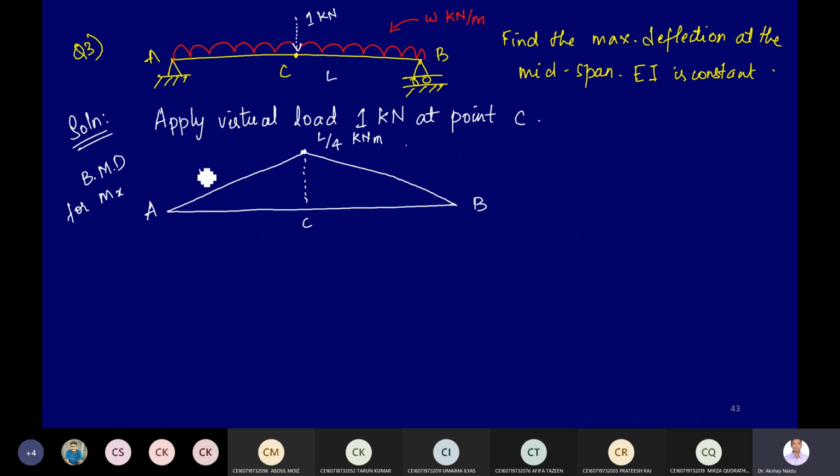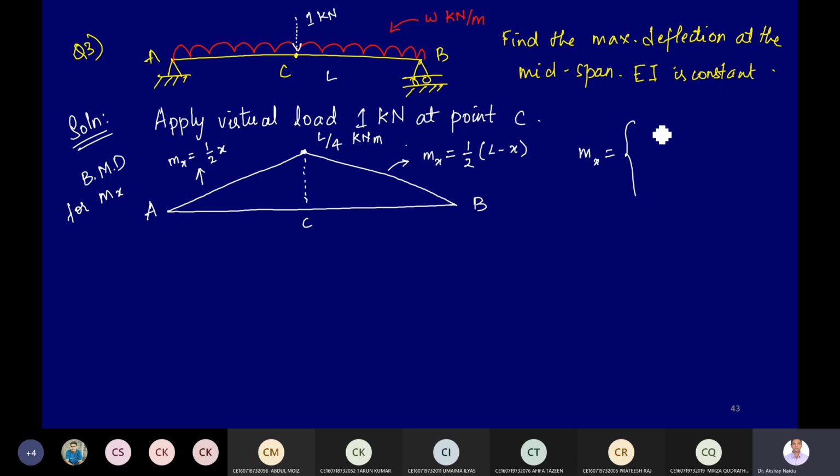At this point the bending moment is W by 2, that is 1 by 2 times X. And in this section, the bending moment is W by 2, 1 by 2 into L minus X. So Mx has two parts here.